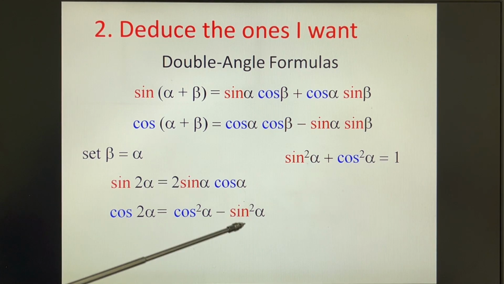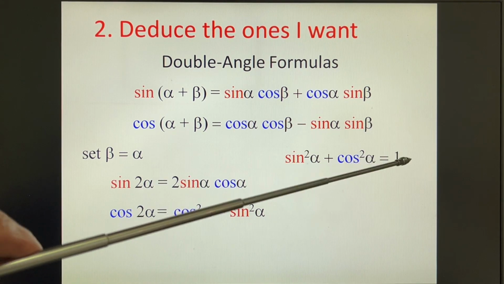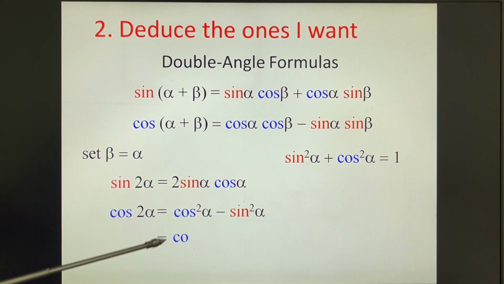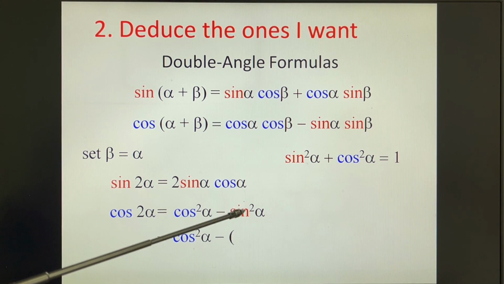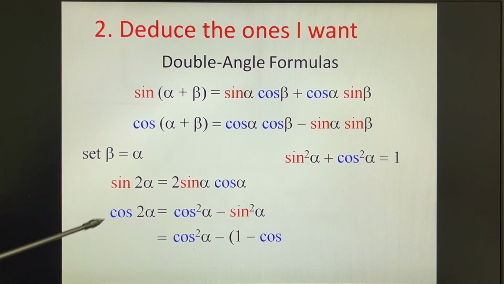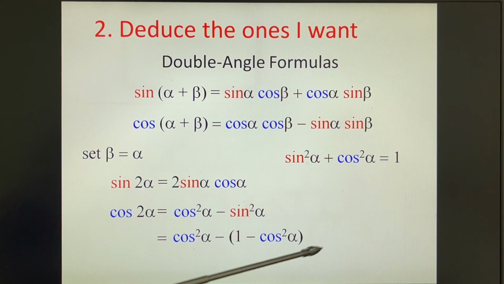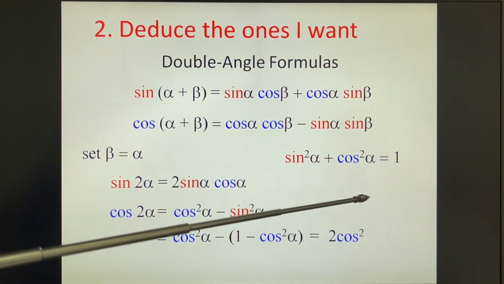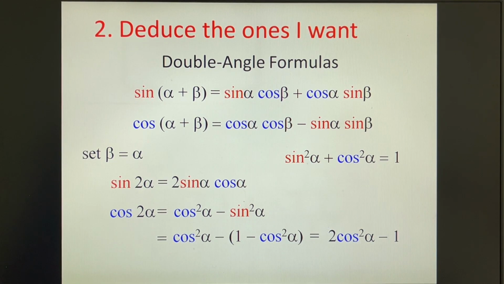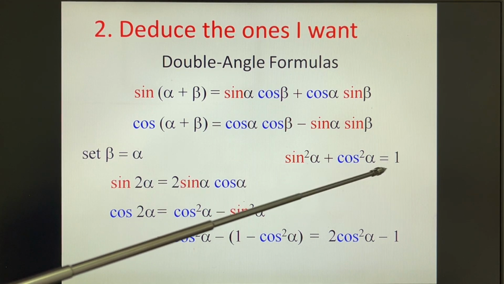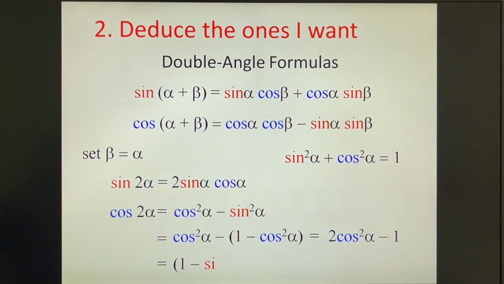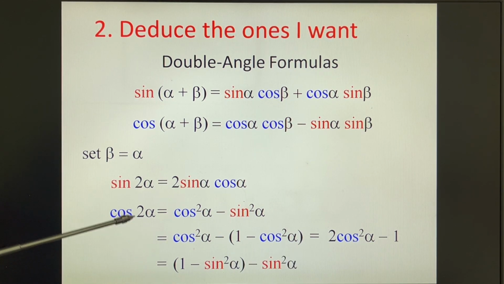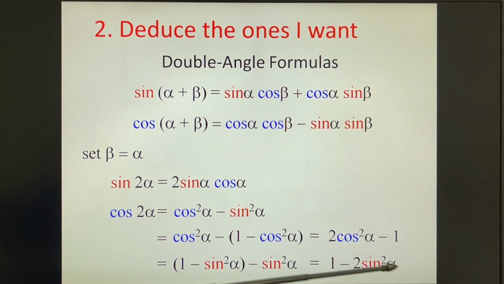If we replace sine squared alpha by 1 minus cosine squared alpha, we get cosine 2 alpha equals 2 cosine squared alpha minus 1. If one replaces cosine squared alpha by 1 minus sine squared alpha, we get cosine 2 alpha equal to 1 minus 2 sine squared alpha.